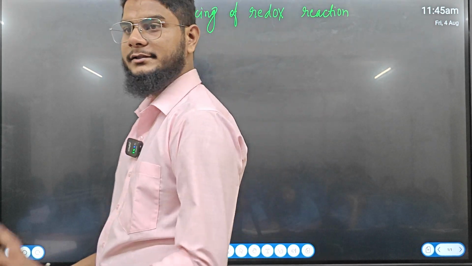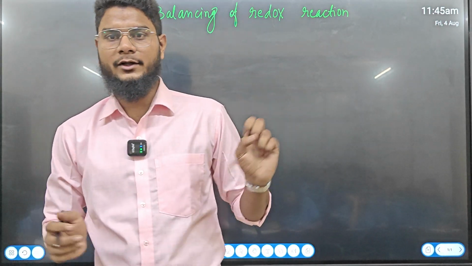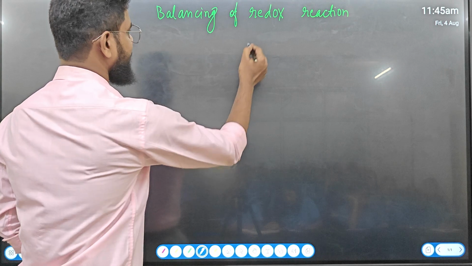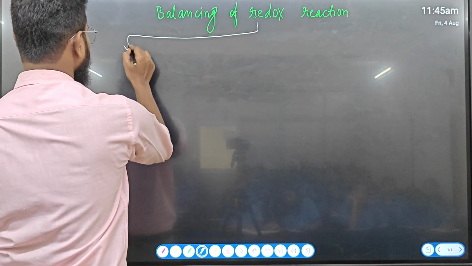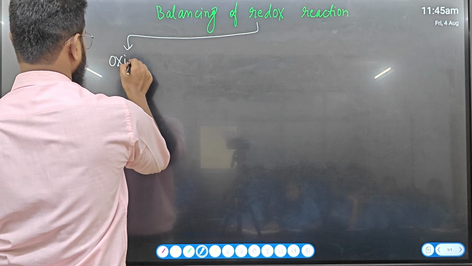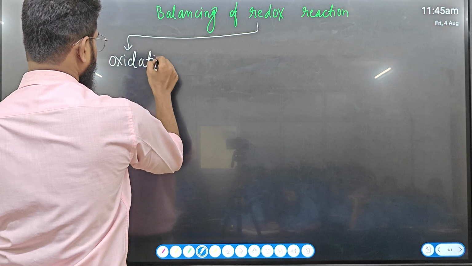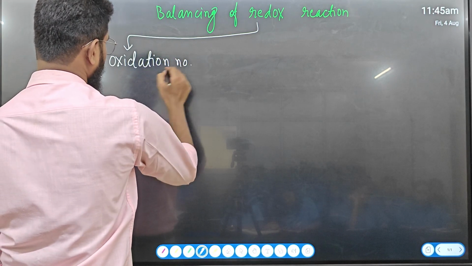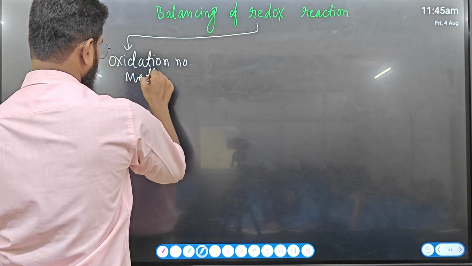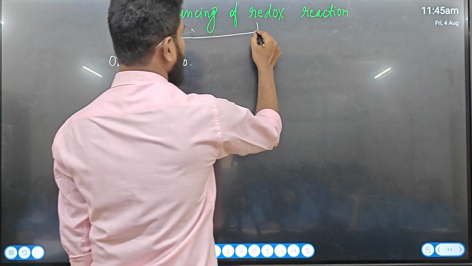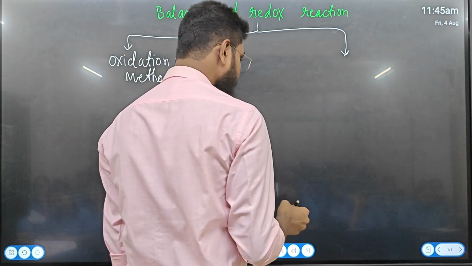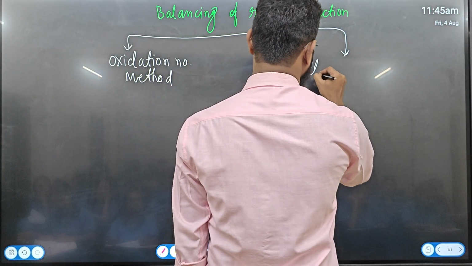There are 2 methods to balance the redox reaction. What are they? The first one is your oxidation number method. Okay. And the second one is your electron ion method.